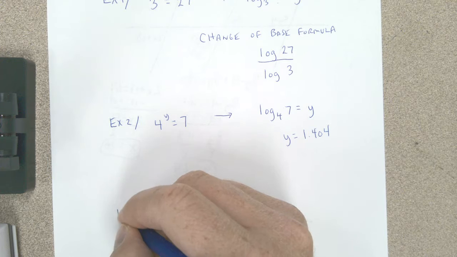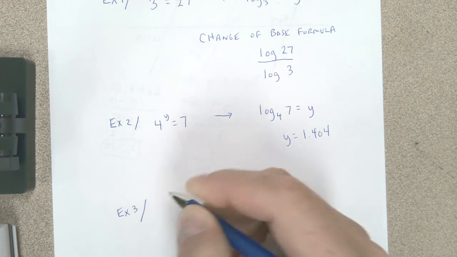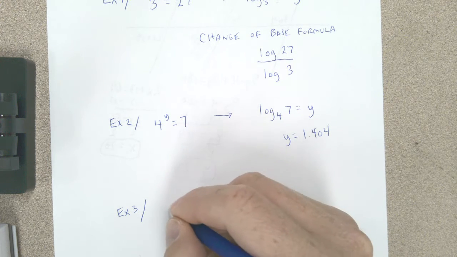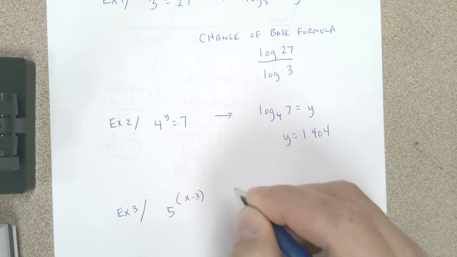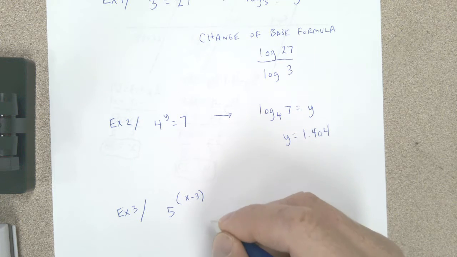Let's get a little more advanced now. This will be example 3. Let's say we have 5 raised to the x minus 3 is equal to 8.